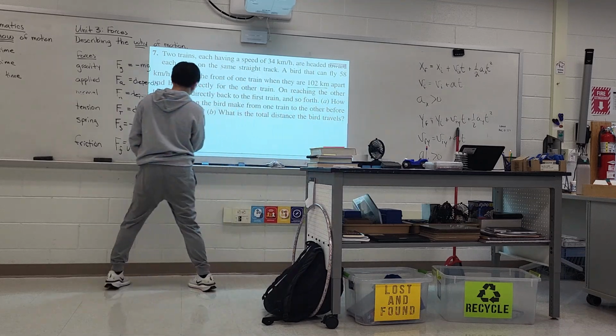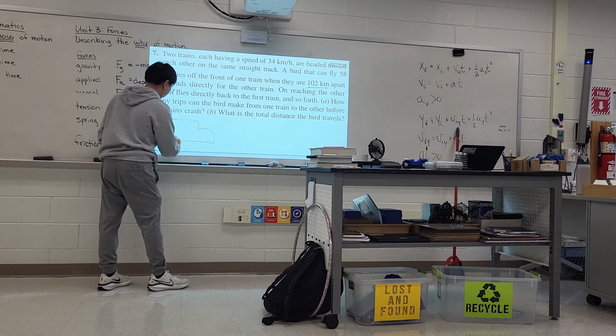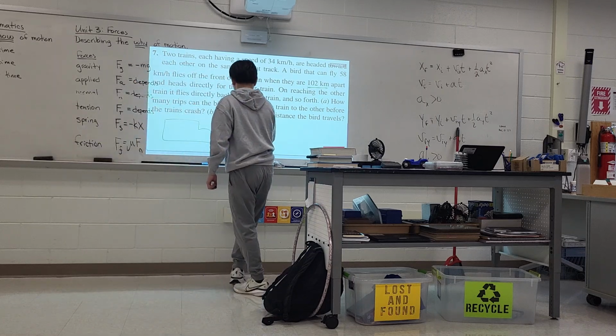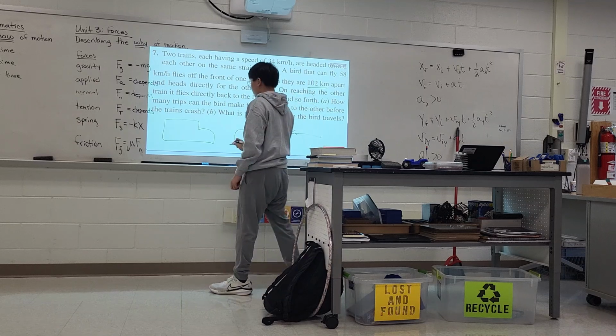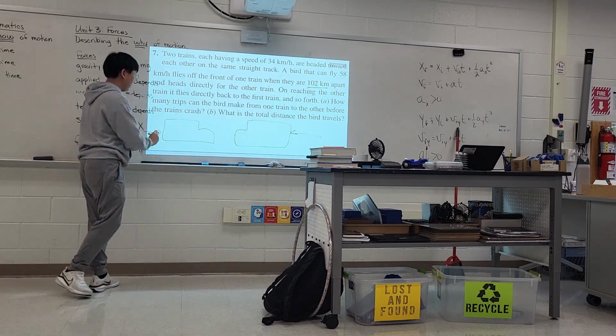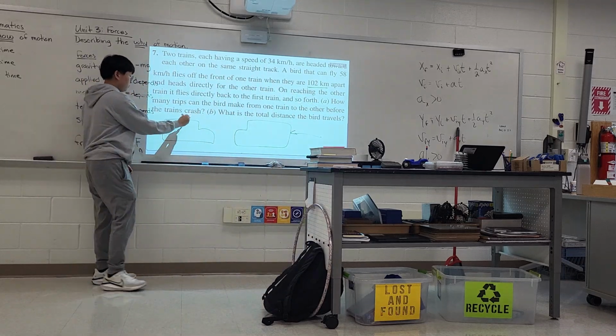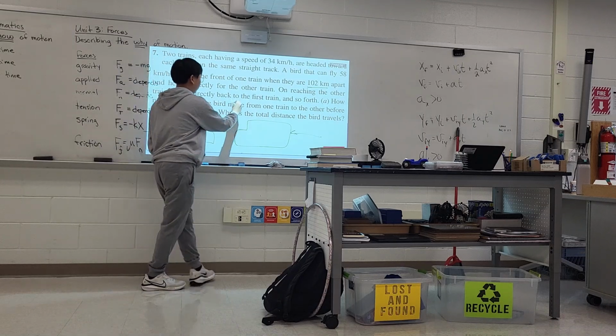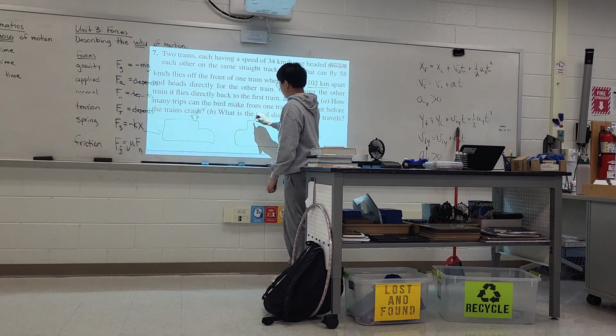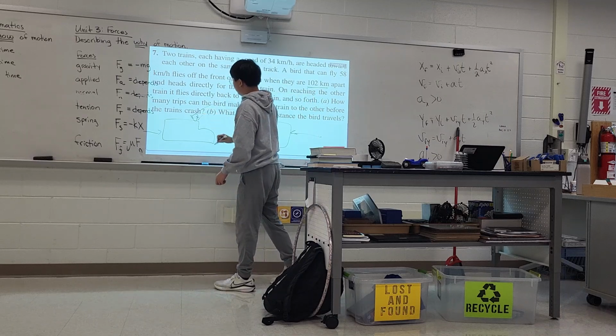So two trains are heading for each other. They're moving this way, and this one is moving this way. And then there's a bird on here who's traveling to the train and back and forth, right?